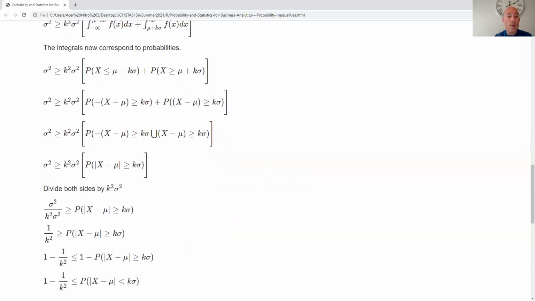Now I realize that this is the same as the probability of the absolute value of x minus mu less than k sigma, and I get Chebyshev's inequality. This gives me an idea of how spread out my data can be in terms of standard deviations, even though I don't know the distribution itself. I just need the expected value and the standard deviation, and I can figure this out nicely.